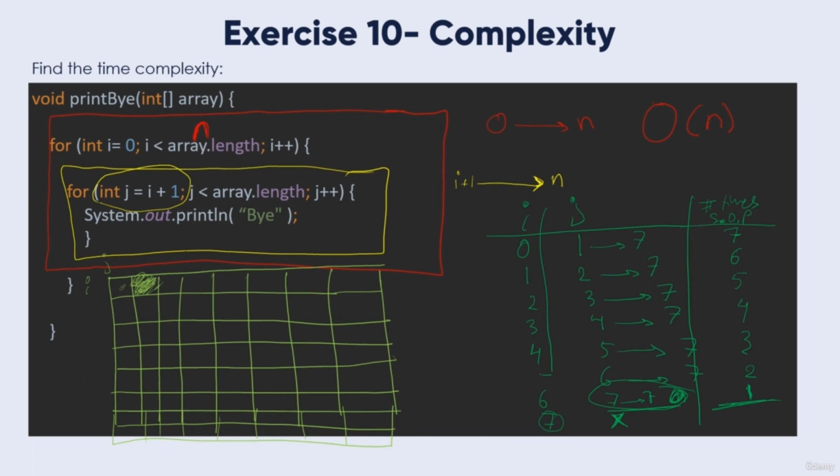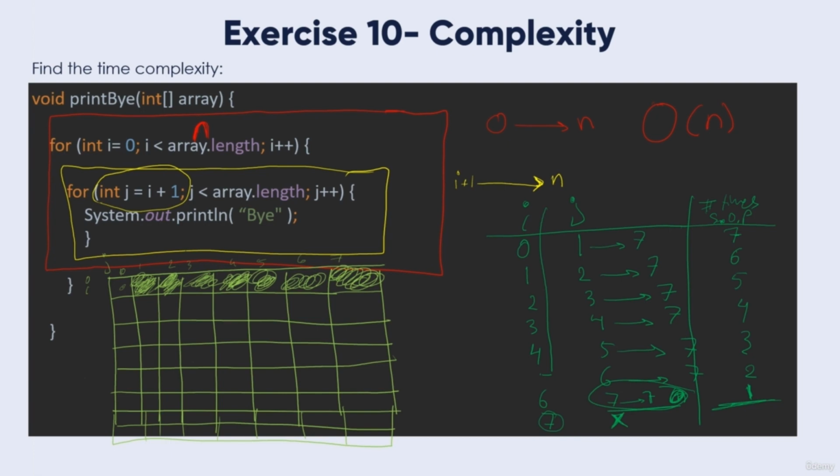So all of these from 1 till 7 are being executed. This is 0, 1, 2, 3, 4, 5, 6, and 7. All of these would be colored, but the first cell is not executed.